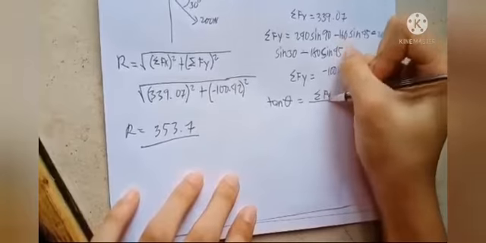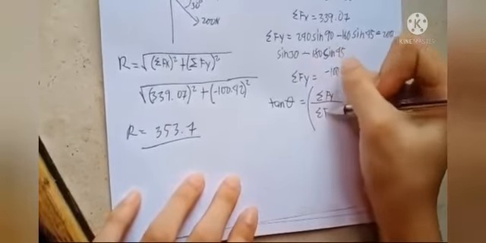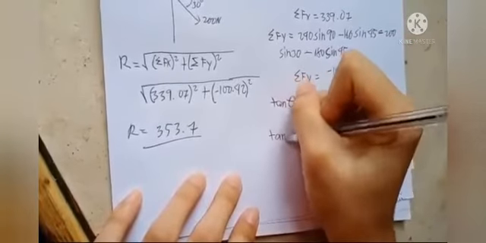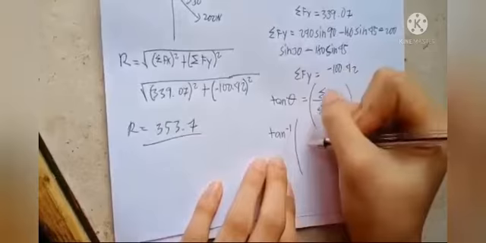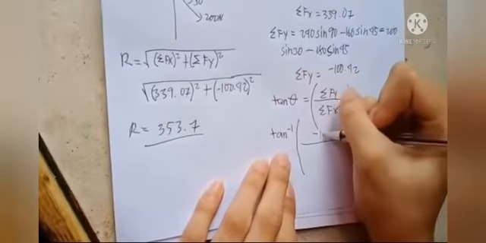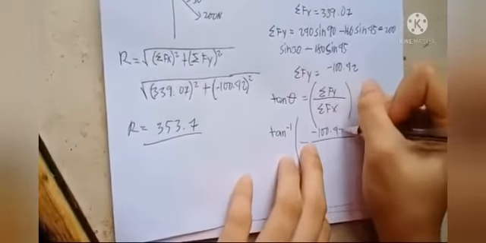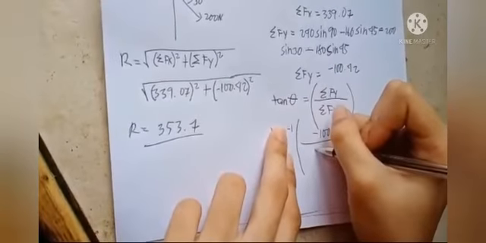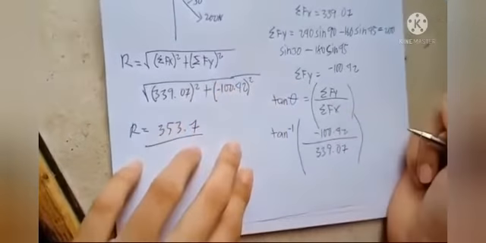Wait, sigma f of y and sigma f of x, let me find those first. Type it in the calculator, shift. Negative 100.42 over positive 339.07.